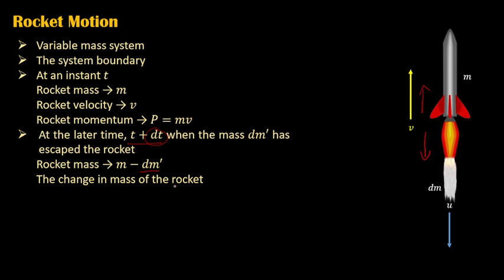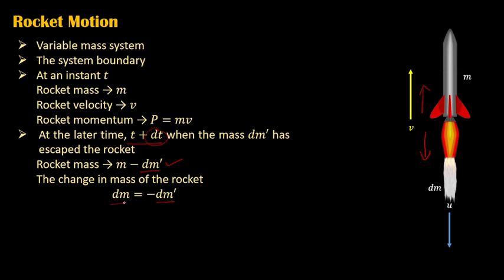So the change in mass of the rocket, dm dash, represents the mass that has been ejected from the rocket. So the mass of the rocket changes by an amount dm, which is just the negative of the mass of hot gases which leave the system. That is, if dm dash is positive, meaning the mass of hot gas that has left the rocket is positive, it means that the mass of the rocket has decreased.